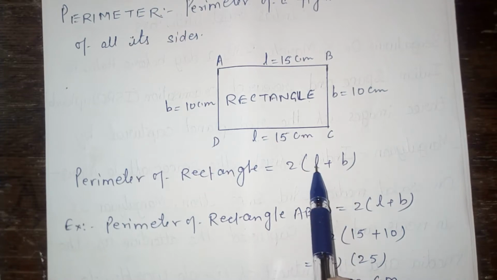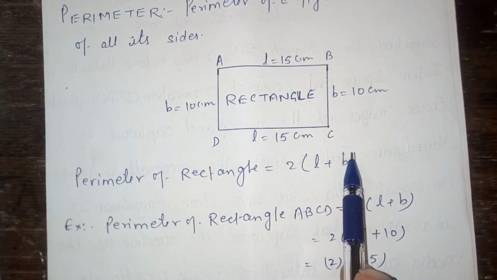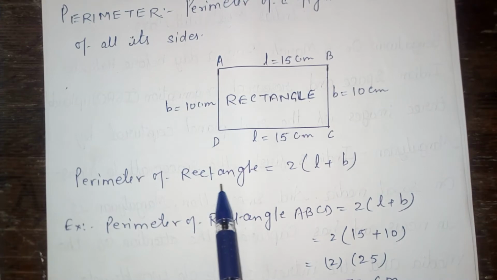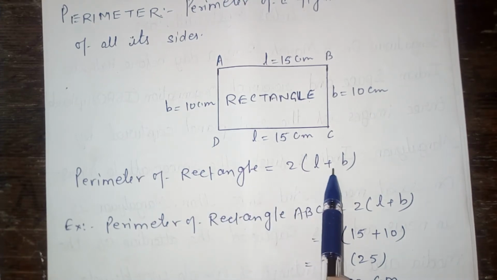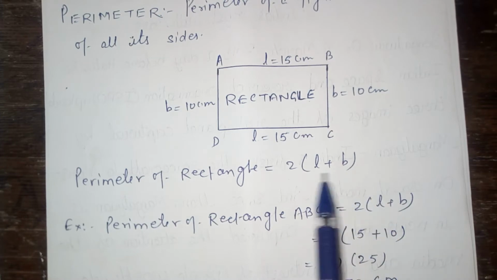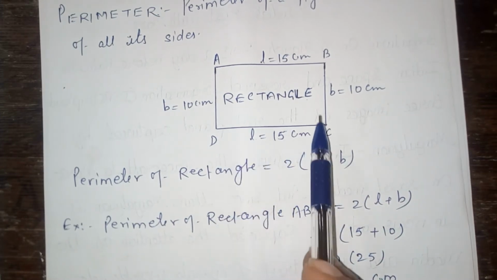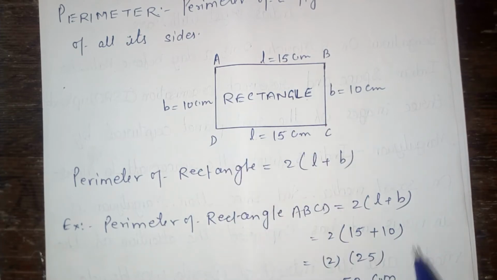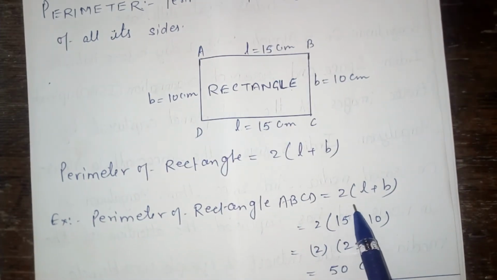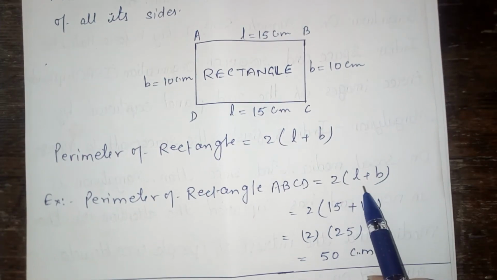So perimeter of the given rectangle ABCD is equal to 2 into (L plus B).